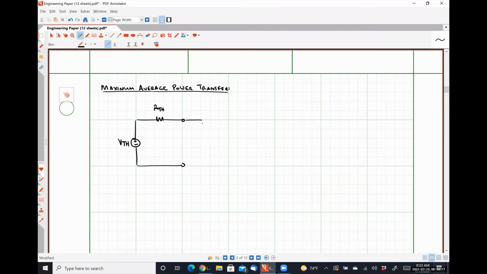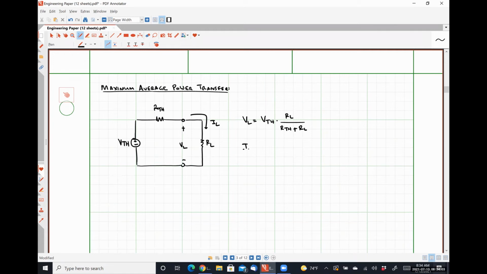If we load that network with some resistor, RL, we could observe a voltage drop, VL, across our resistor and a current, IL, flowing through our resistor, where VL is simply VTH multiplied by RL over RTH plus RL, using voltage division, nothing wild or crazy there.